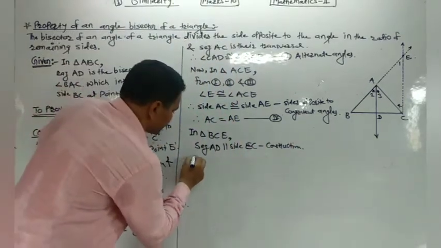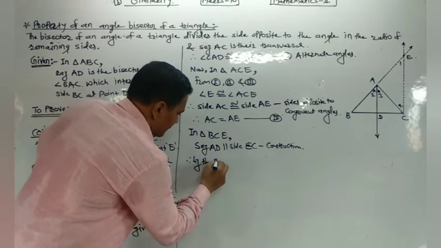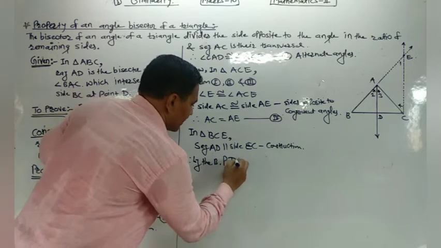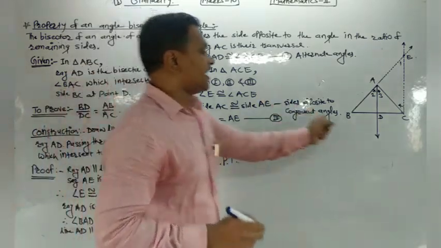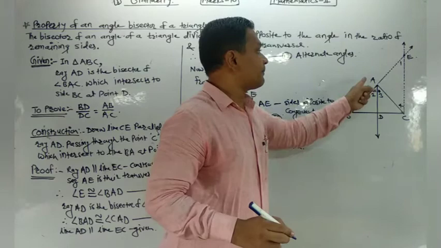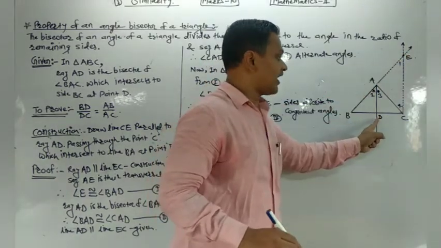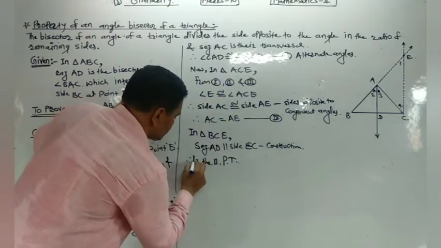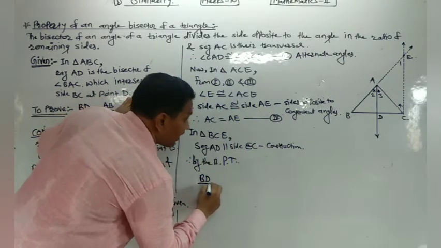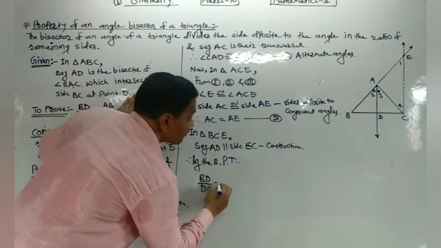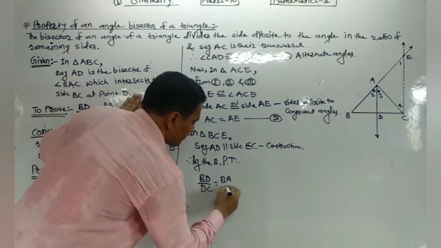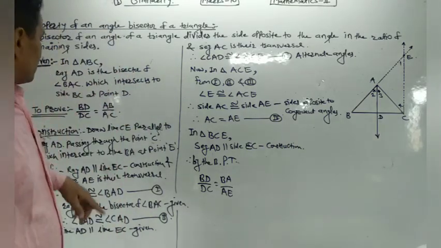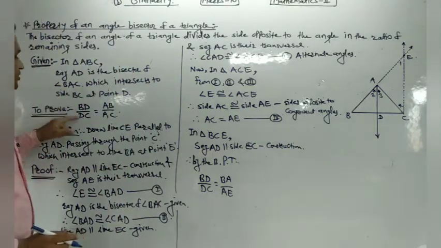Then by the BPT, therefore, by the BPT, we say that BD by DC is equal to BA by AE. We want here BD by DC is equal to AB by AC.